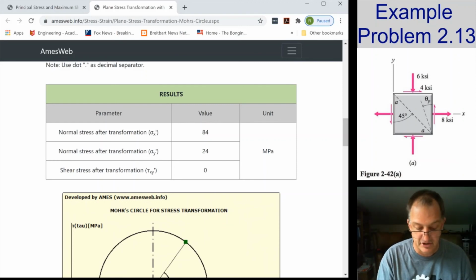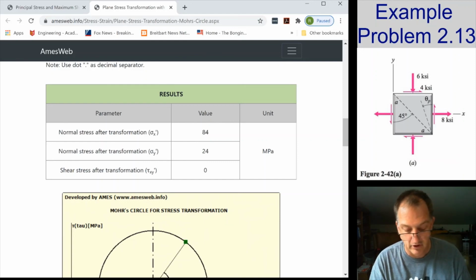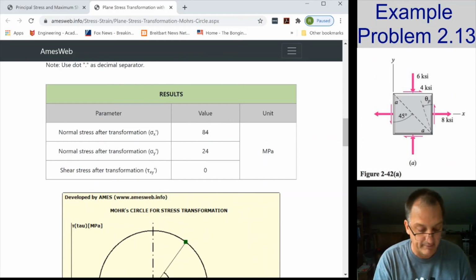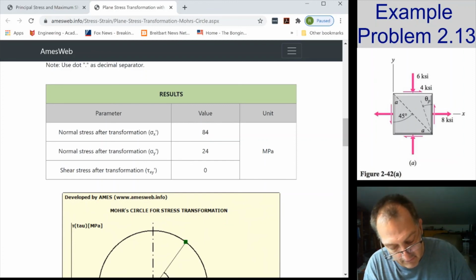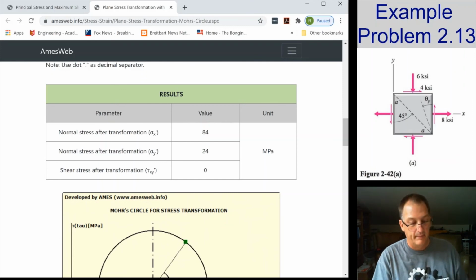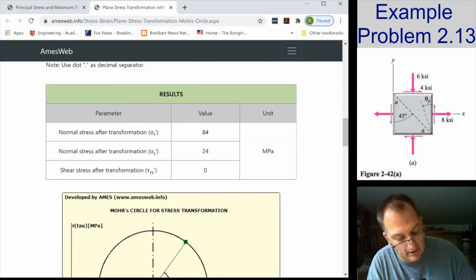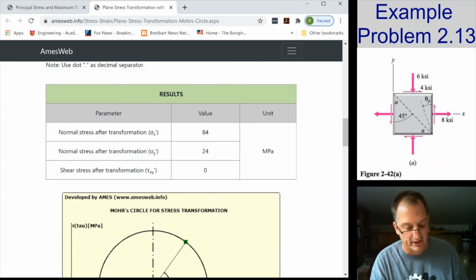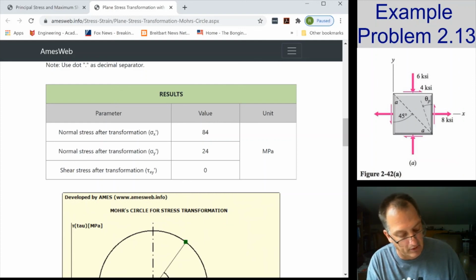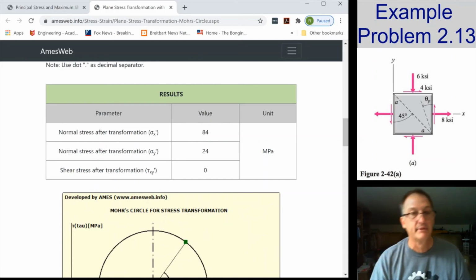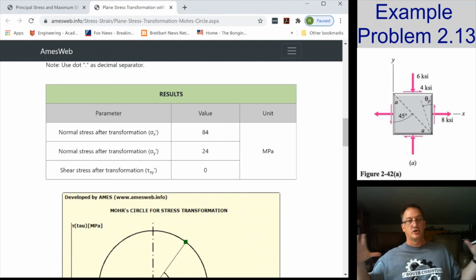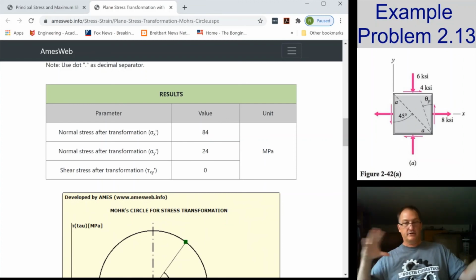I know what it is. It's 30. It goes from 54 to 84. So that means this goes from 54 to 24, and it's 30 tall. And my x-axis, if I'm drawing coordinate systems, is way over here, right? This is 54, that's 24. Here's where 0 is. This whole Mohr's circle, the whole problem is in tension. It's being pulled on in every direction. All right?